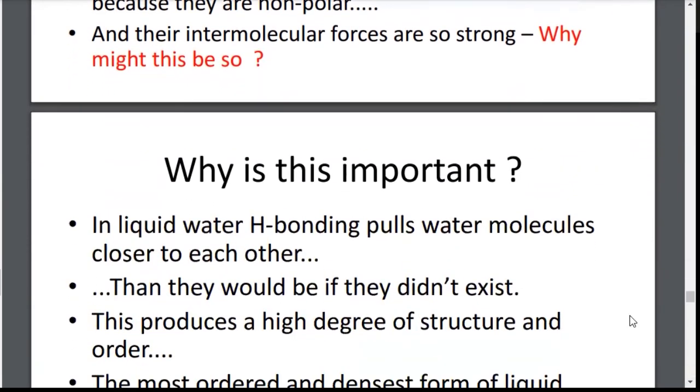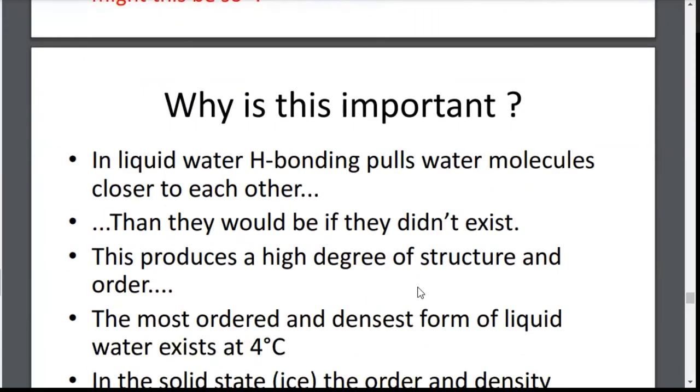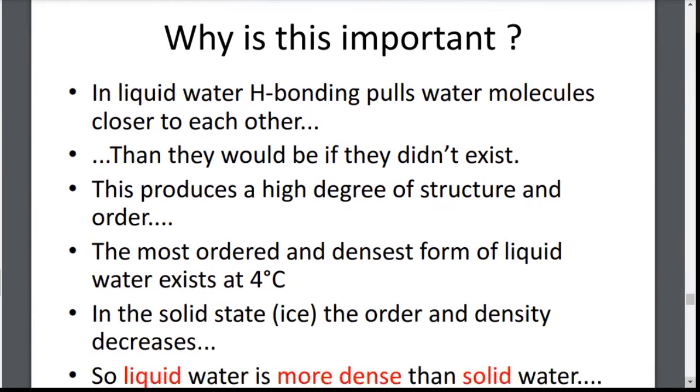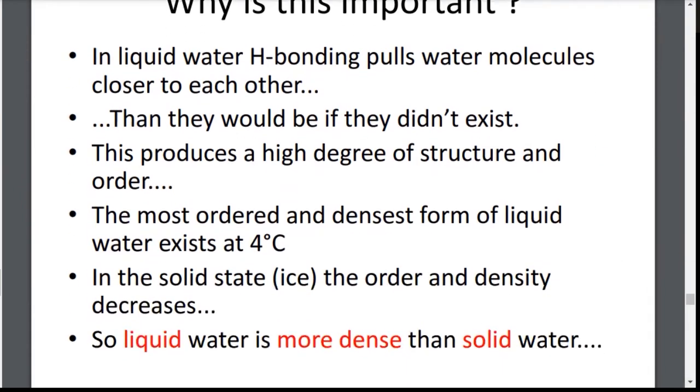Okay, so in liquid water, hydrogen bonding pulls the water molecules closer to each other than they would be if it didn't exist. This produces a high degree of structure and order, and the most ordered and densest form of liquid water is about 4 degrees. In the solid state, ice, the order and density decreases. And this is really unusual.